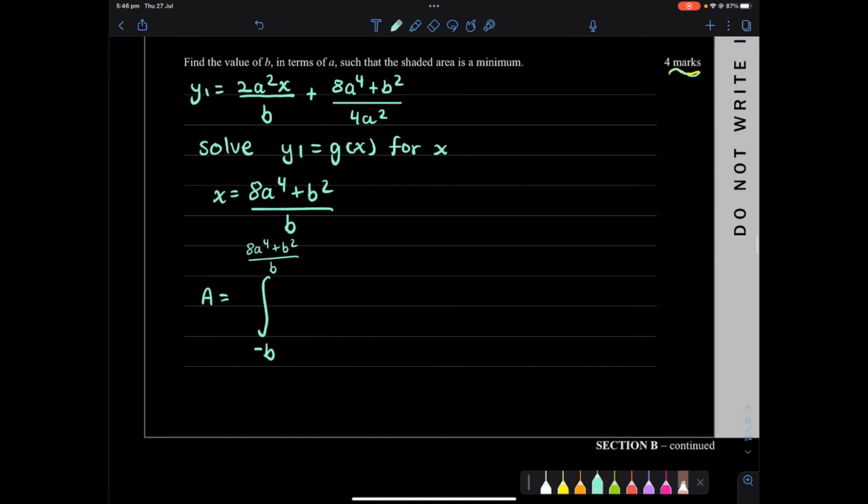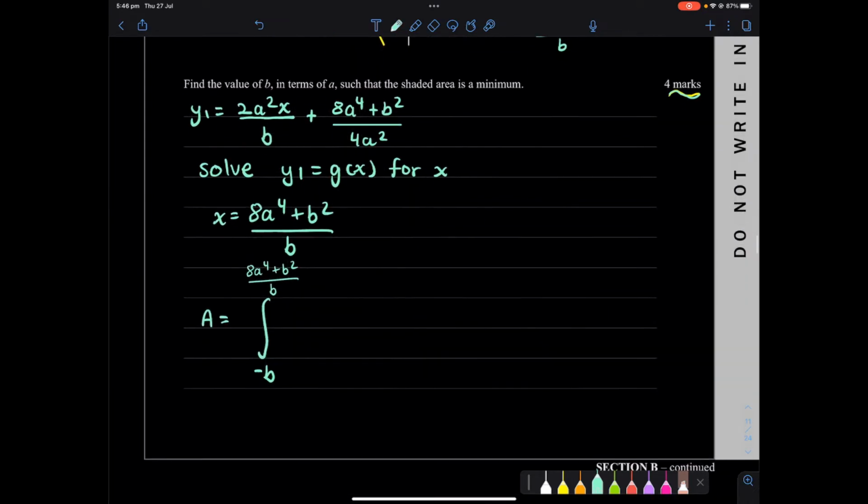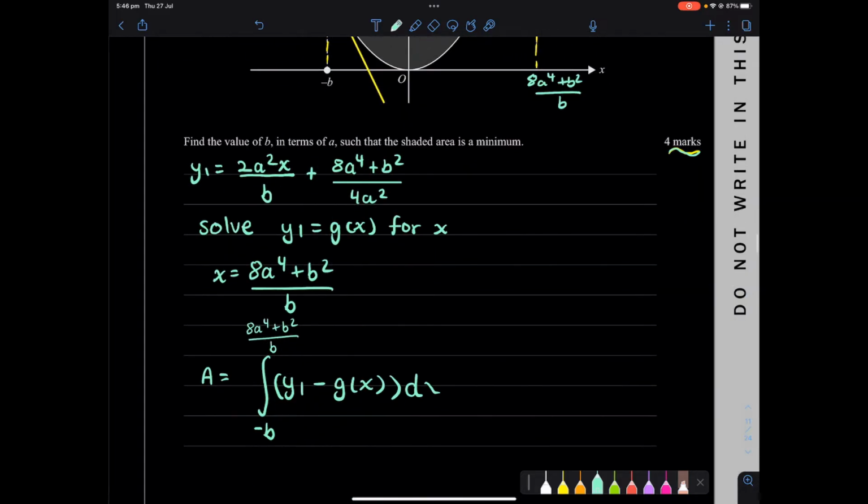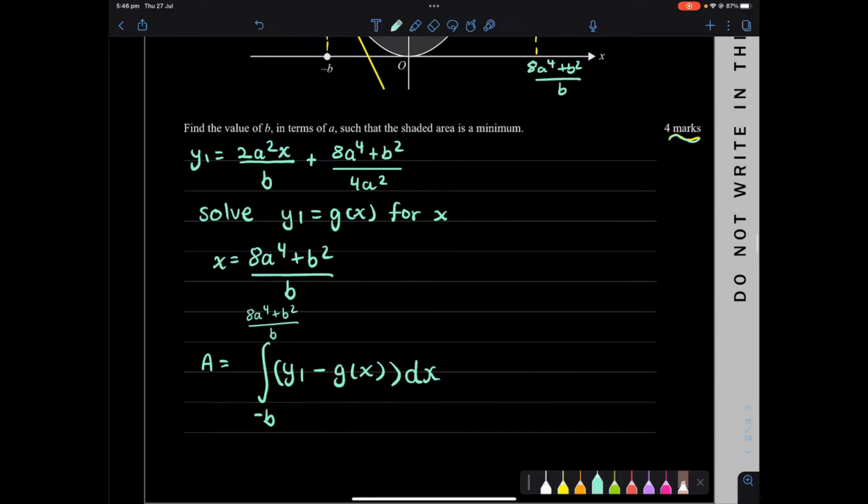So from there to there of y1 minus g of x dx. Okay, I just want to check something here: am I doing this with respect to g of x? Yep. Hope that's right.